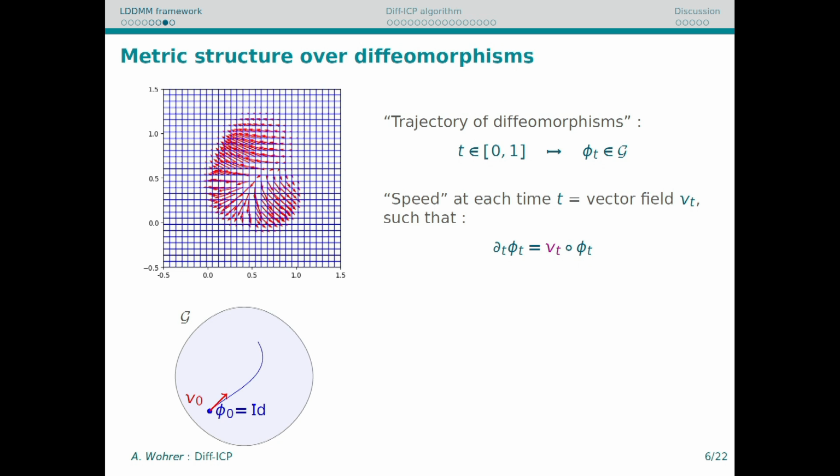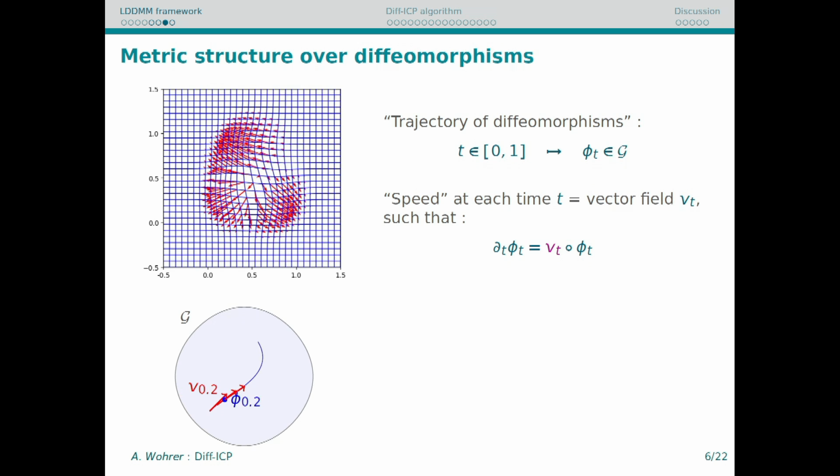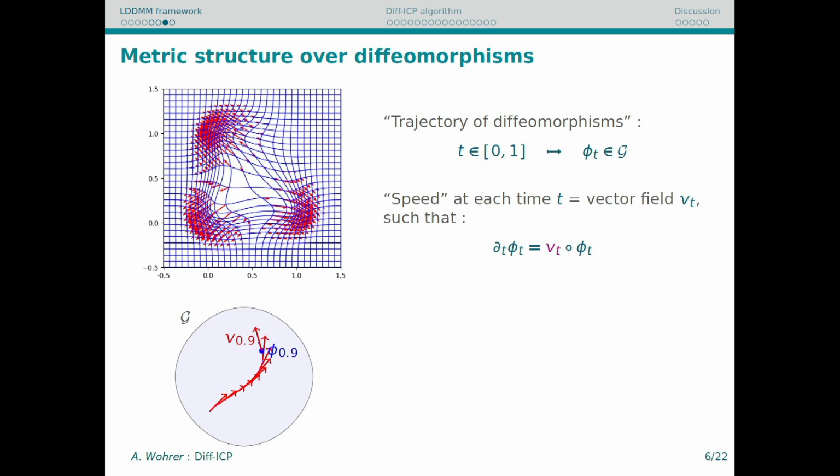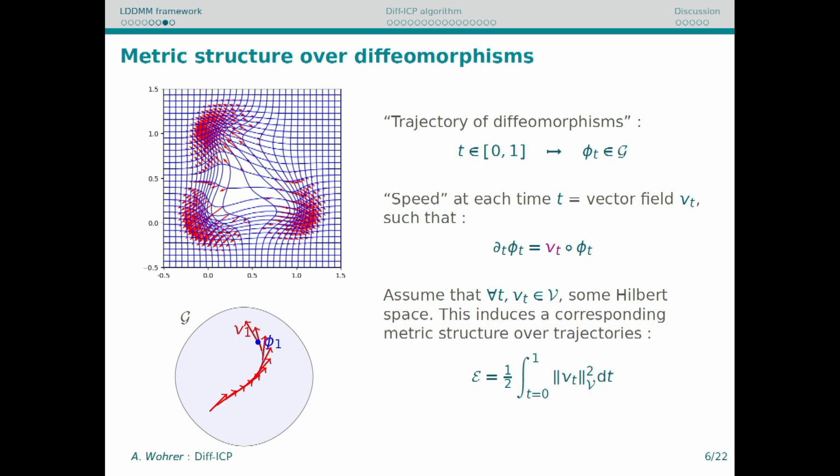Basically, v at every time tells me where the point on the grid will be a little further in time. It's defined as a flow equation. Here I'm plotting the trajectory again, but with its speed vector field at every time. Obviously, to make the link with what I showed before, you're going to suppose that at every instant in time, your vector field belongs to the Hilbert space that you defined previously.